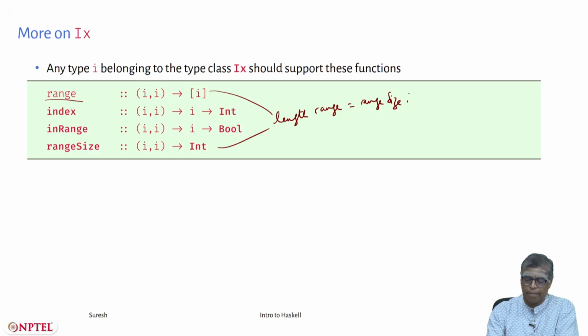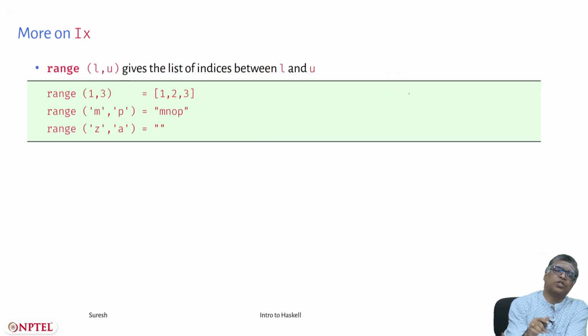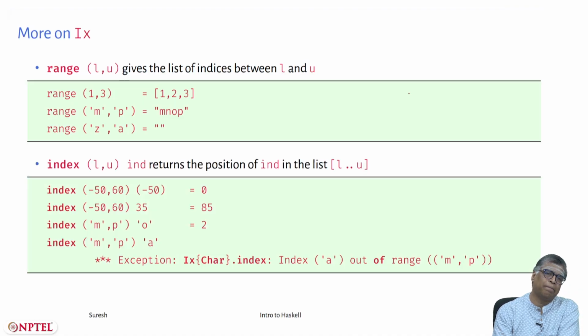Great. So for instance, range of 1 comma 3 is 1 2 3. Range of 'm' comma 'p' is 'm', 'o', 'p'. Range of 'z' comma 'a' is nothing because there is nothing between 'z' and 'a'. Index l u ind returns the position of ind in the list l..u. If I have the range minus 50 to 60 and I ask for the index of minus 50, it is 0.